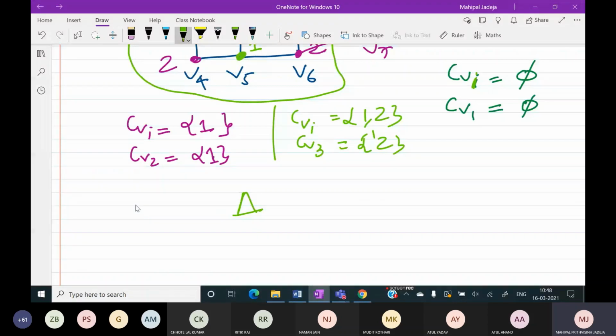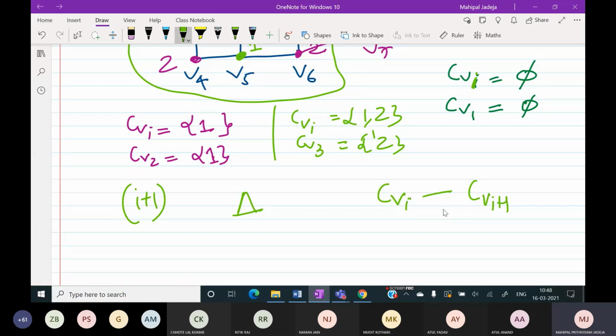What is happening with respect to vertex I plus 1? You are checking two sets: the first set is C of V_I and the second set is C of V_(I+1), and then you are doing the set difference step.